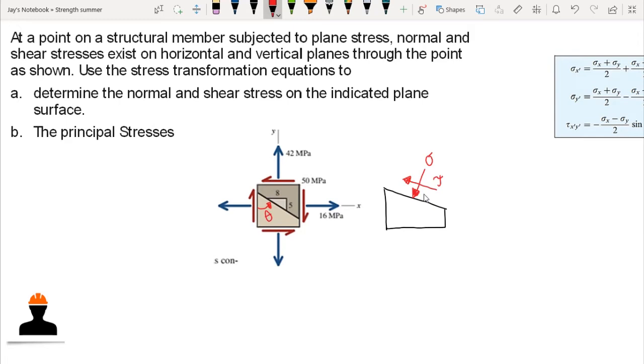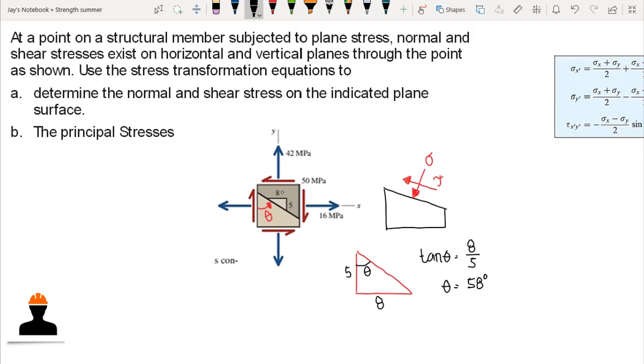We can compute theta since we have the slope, which is 8 horizontal, 5 vertical. So the tangent of theta is equal to 8 over 5. This gives us the value of our theta, which is equal to 58 degrees. So our angle of transformation here is 58 degrees.